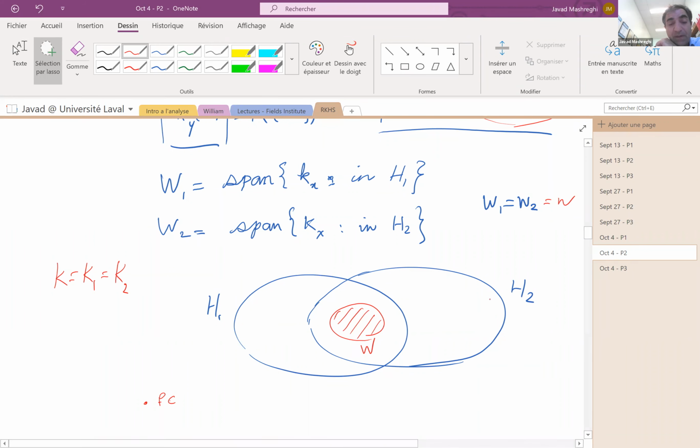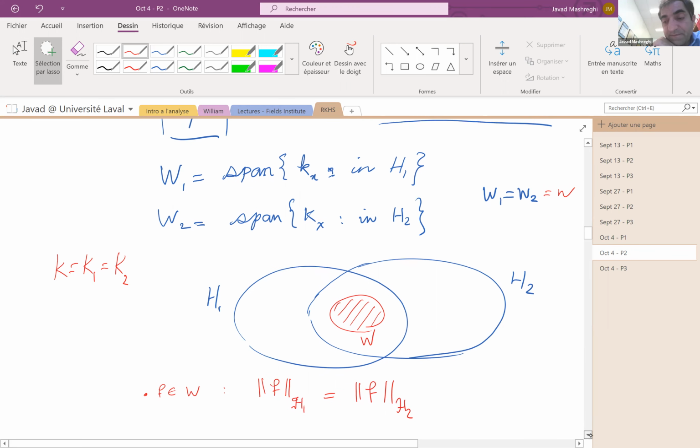True? And also, I want to show that for every F in this W, we have an isometry. The norms are equal. Why do we have this?